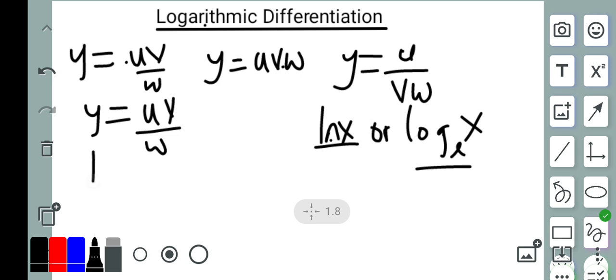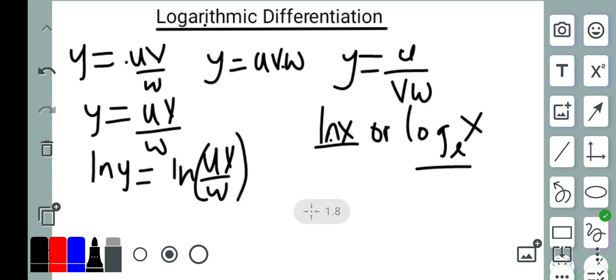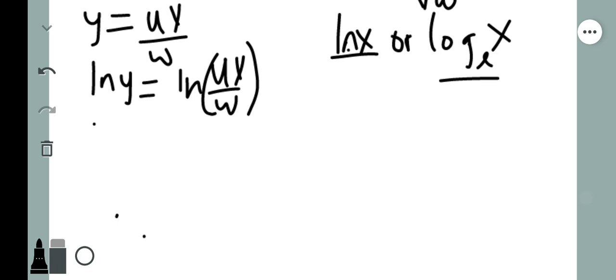If you add ln to both sides, you have ln y equals ln of uv over w. So this is ln y equals ln uvw. This is a problem where you have multiplication and quotient.